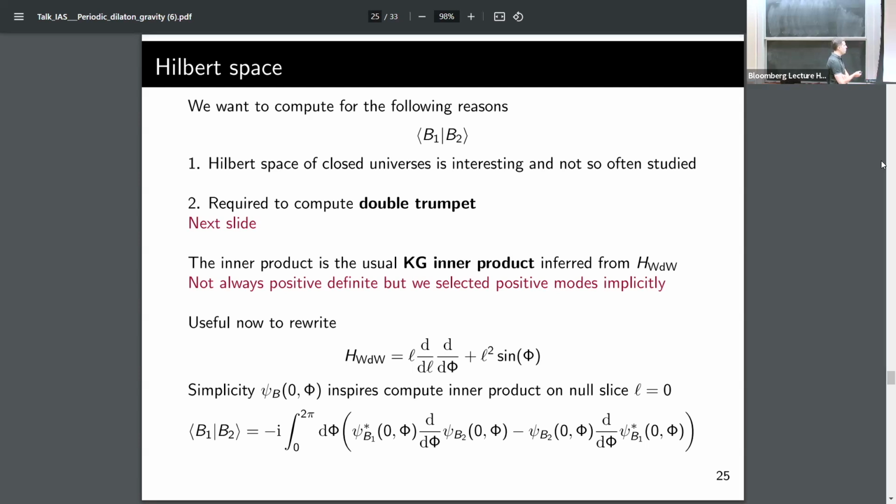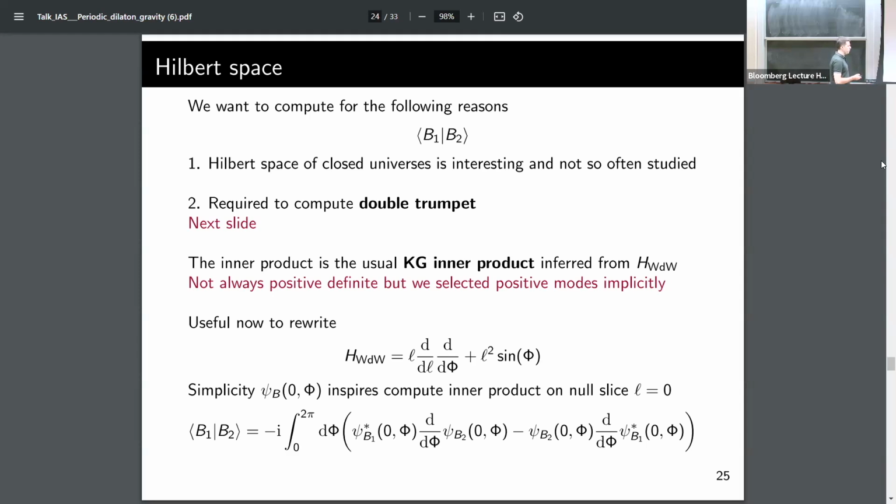Okay, so the inner product is the usual Klein-Gordon inner product inferred from the Wheeler-DeWitt Hamiltonian. So it's useful for this discussion to rewrite the Wheeler-DeWitt Hamiltonian in terms of the sine dilaton length and the dilaton variable. So I do a transformation from the Liouville variables.